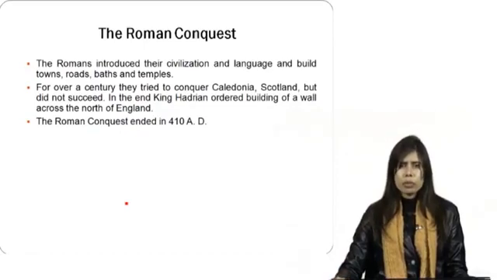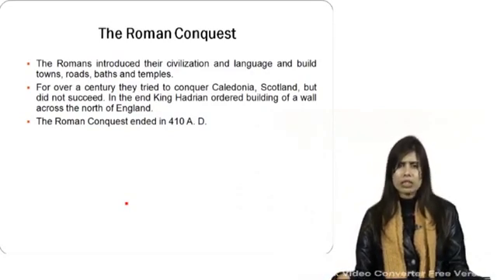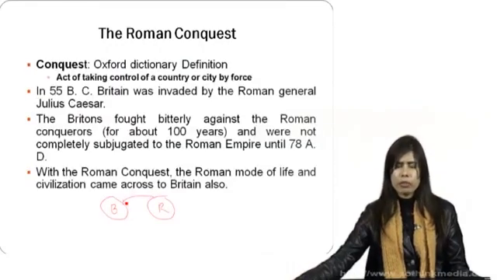To continue with the Roman conquest, as I told you, the definition present in the Oxford Dictionary is that it is an act of taking control of any country or city by using force. So here we are talking about the Roman conquest, how they conquered Britain in 55 BC.